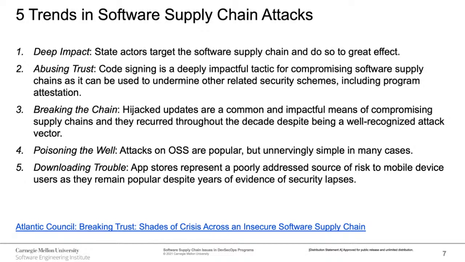The second item is abusing trust. Code signing is one of the big mitigations that are used. When a piece of code is published, it gets signed. And so the signature says, okay, I attest that I am publishing this piece of software. That's really all it means.